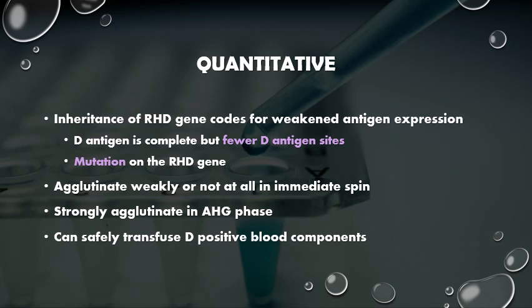Quantitative changes result from inheritance of the RHD genes that code for a weakened expression of D antigen. In this mechanism, the D antigens expressed are complete but with fewer D antigen sites. Kokonti lang yung D antigen sites kasi may mutation na nangyayari sa RHD gene.